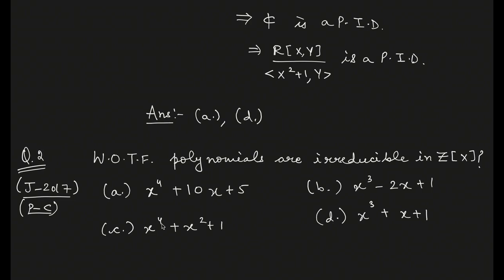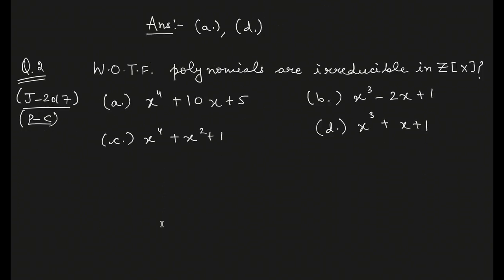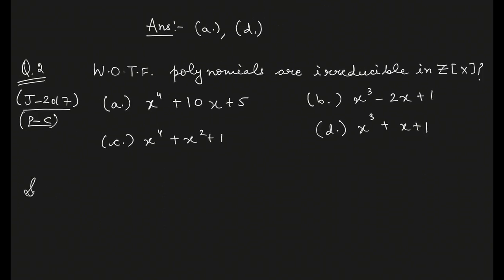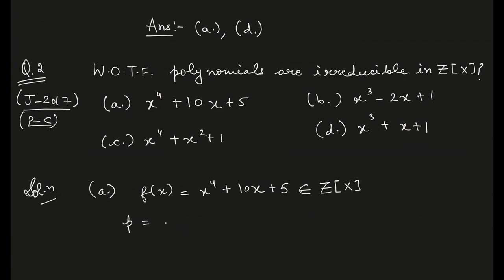A and B. Yes. So what was your approach for option A? Eisenstein's criterion. So this belongs to Z[x]. So what was the prime number p you have taken? 5.